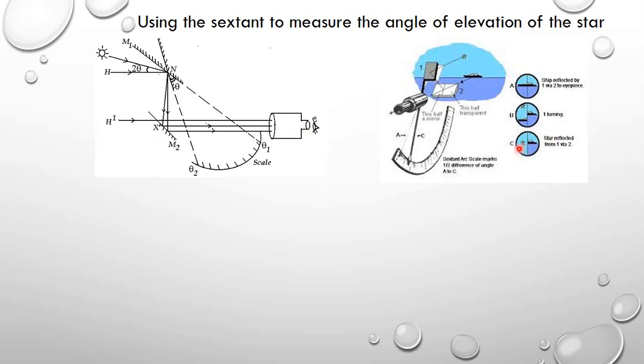You can see that this is the star seen through the silvered part of M2, and this is the horizon, which is the ship, seen through the unsilvered part of M2. In this first case, before we achieve coincidence, it will appear like this. But when we achieve coincidence, it will be like this at A. And also in the second case, for the star, it will be like this.